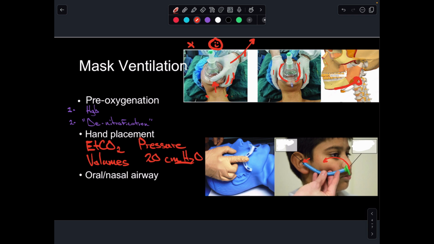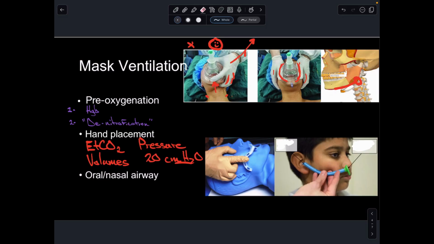I said with the OPA, it can cause a laryngospasm. It's more stimulating. Maybe the big contraindication for the NPA is going to be if your patient has coagulopathies or low platelets or something, because as you insert the NPA, very commonly you'll cause trauma and bleeding to the nasal cavity, and then you don't want to have an issue where you're unable to stop the bleeding that you just caused.